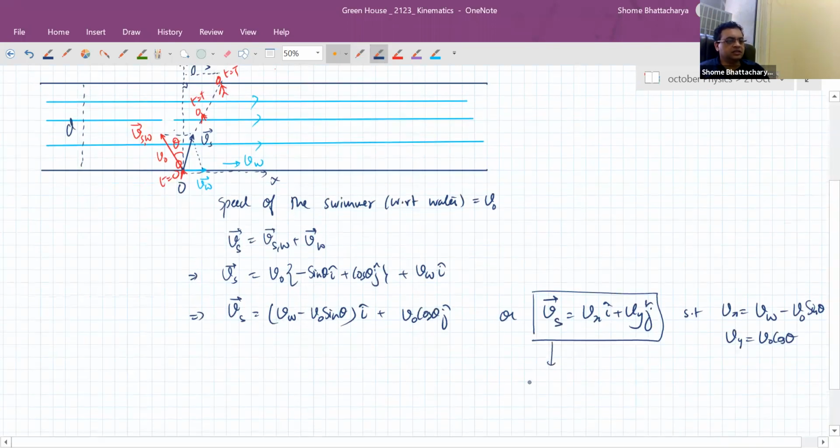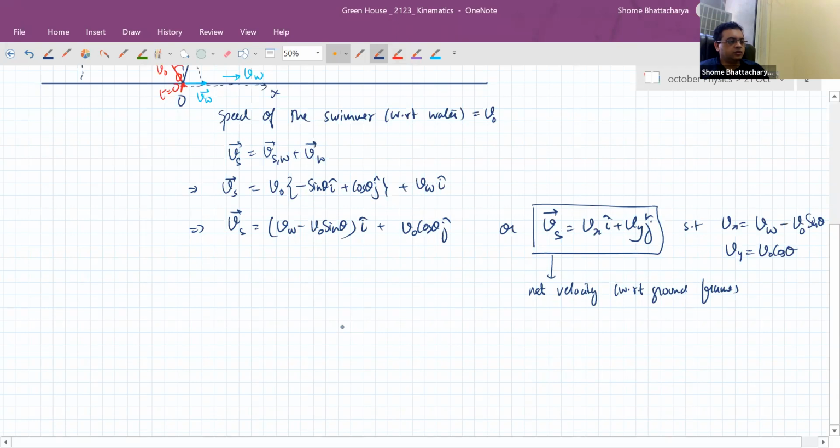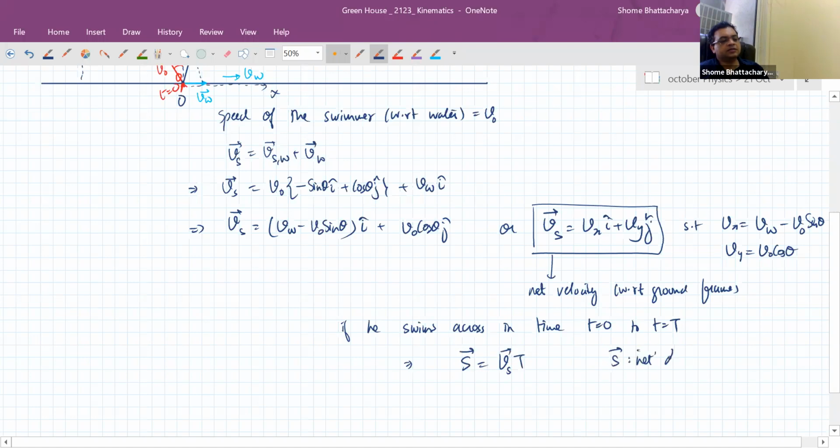So this is his net velocity with respect to the ground frame. Now if he swims across in time t equal to 0 to t equal to capital T, then the net displacement is going to be his net velocity multiplied by time, where s is the net displacement.